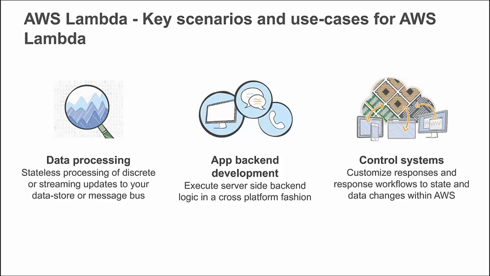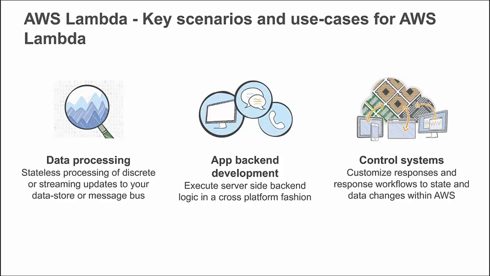The second big and common use case is application backend development, where you want to execute server-side backend logic in a cross-platform fashion in a standard 3-tier web application, whether that's a web backend or a mobile backend or an IoT backend.